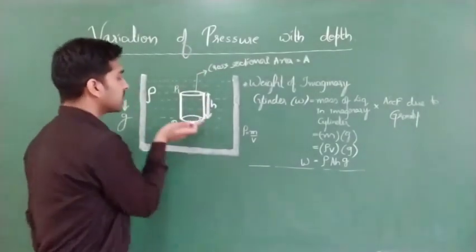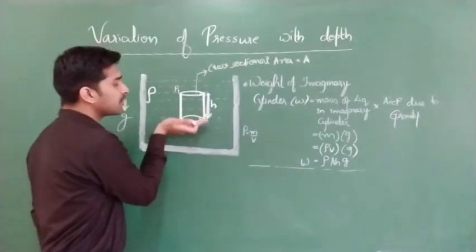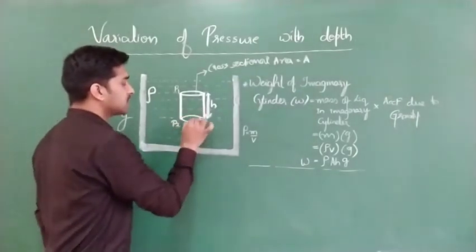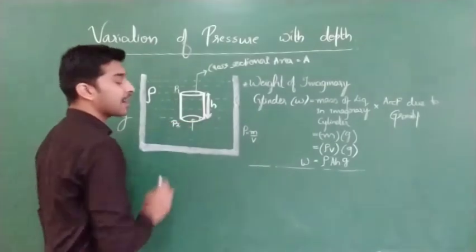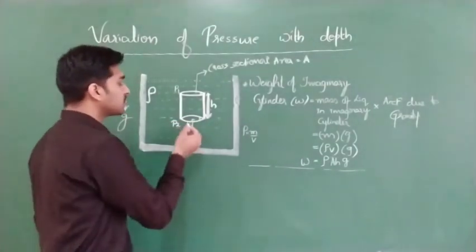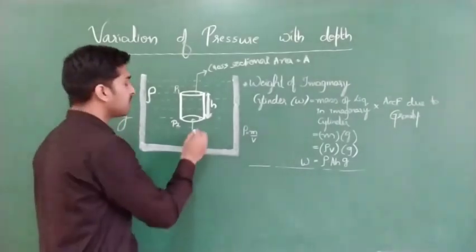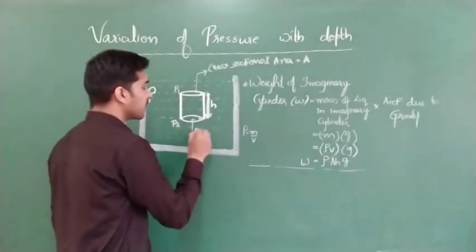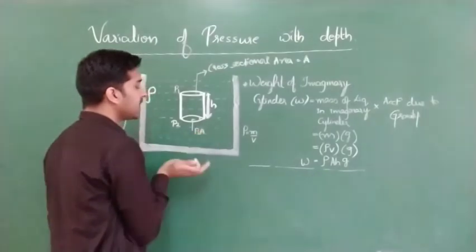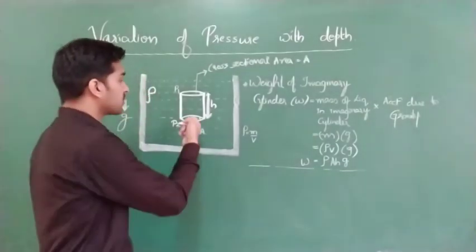Now consider this is the base, so force will be applying in this manner. Here P is equal to F by A. From that formula, F is equal to P into A. So this is P2 into A, acting in the upward direction on this face.